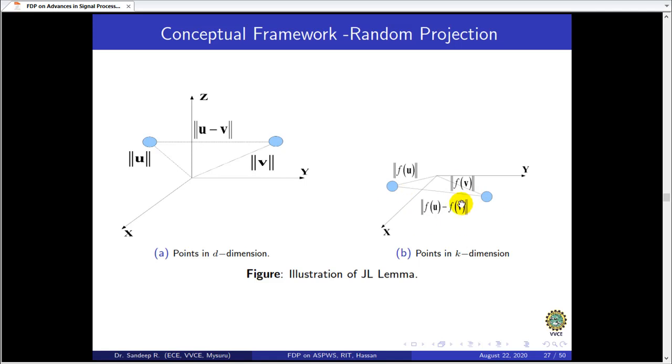So these are distance preserving random projection techniques.